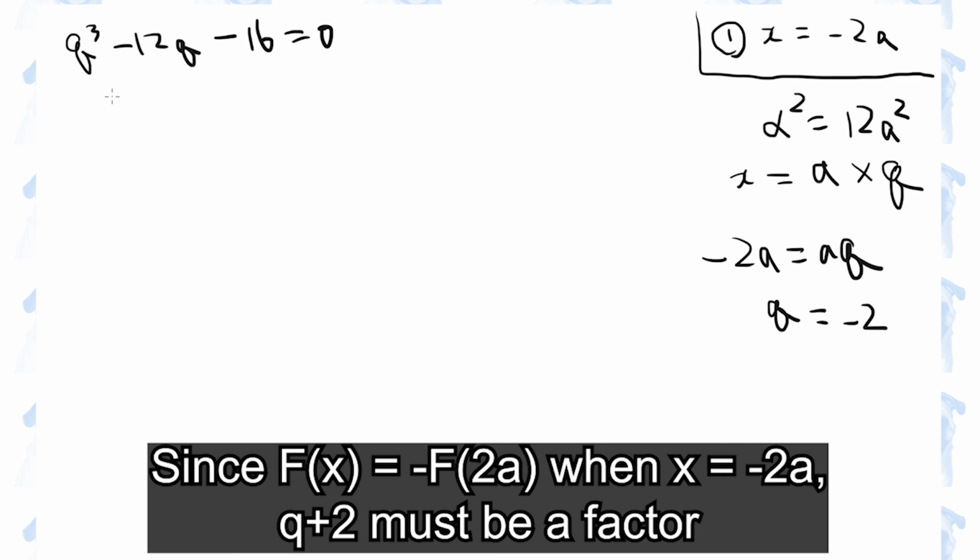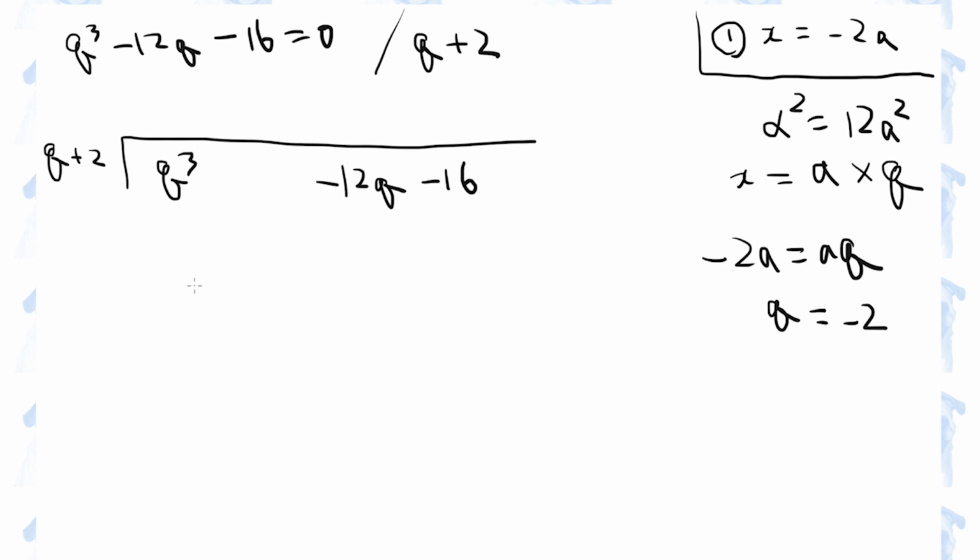So this polynomial must be divisible by q plus 2. So let's do some quick long division. q squared times q is q cubed. q squared times 2 is 2q squared. 0 minus 2q squared is minus 2q squared.